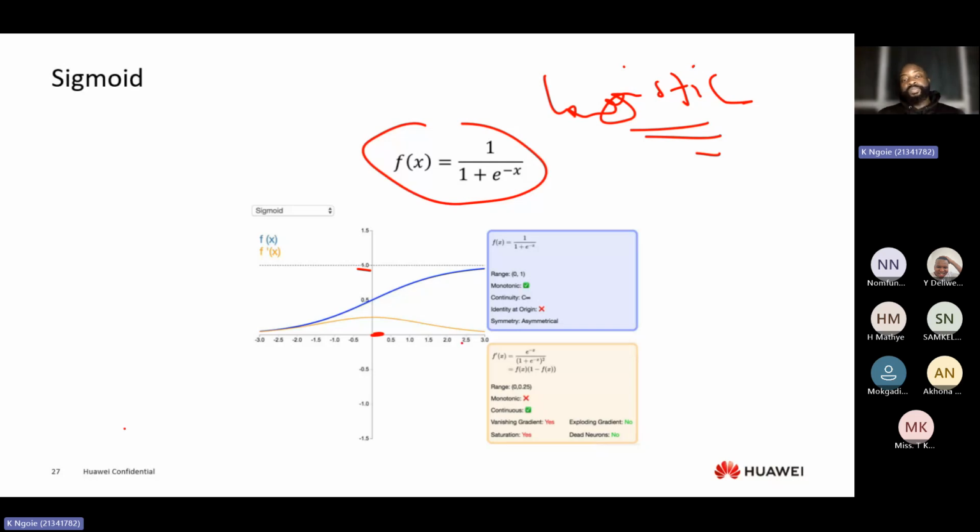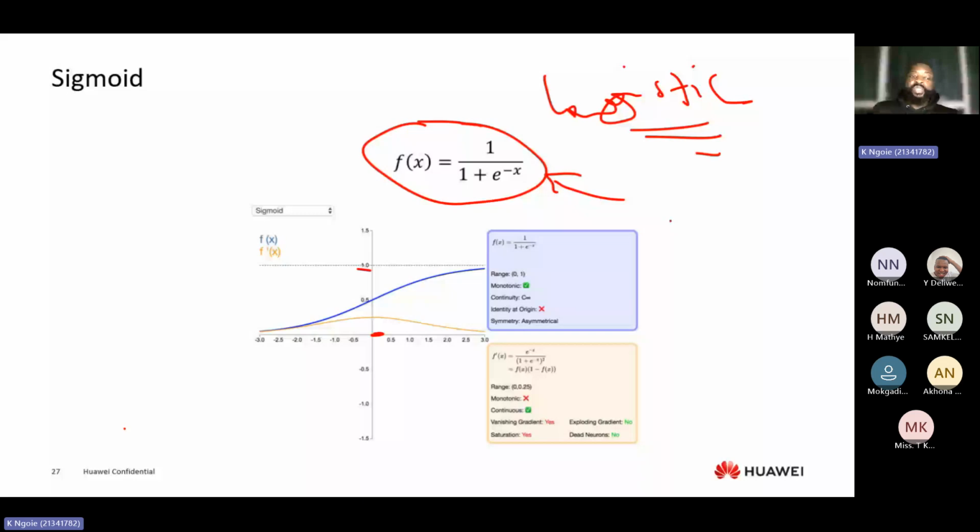Remember the example of the probability that we're trying to get when we're dealing with a classification problem. We need to note that this is not a linear function. That's why it introduces a non-linear function into a linear one. Any value that comes in, it turns into a value between 0 and 1.